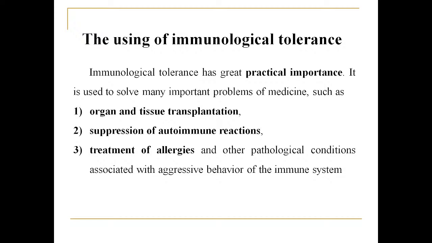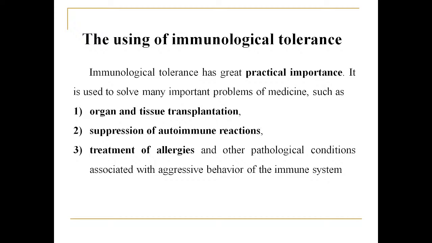How can we use immunological tolerance in medical practice? Immunological tolerance has great practical importance. It is used to solve many important problems of medicine, such as organ and tissue transplantation, because if we want to transplant organs or tissue, the immune system should recognize these organs and tissues as its own.